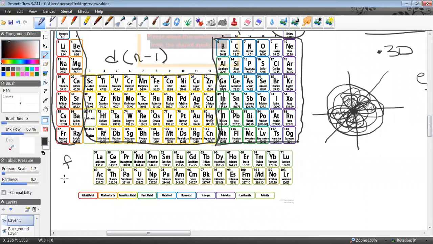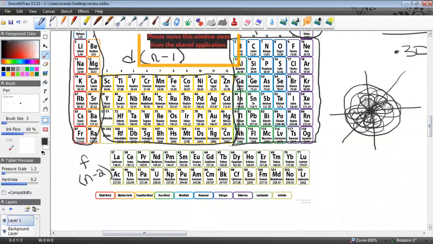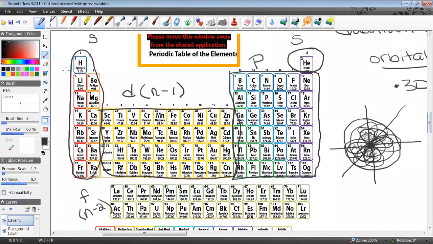We're not gonna do the F block though, so don't worry about it. It goes N-2. Okay? So, for those of you that were here, let's review. This is your first energy level, your second, right? The periods are your energy levels. Second energy level, third energy level, fourth energy level, fifth, sixth, seventh.